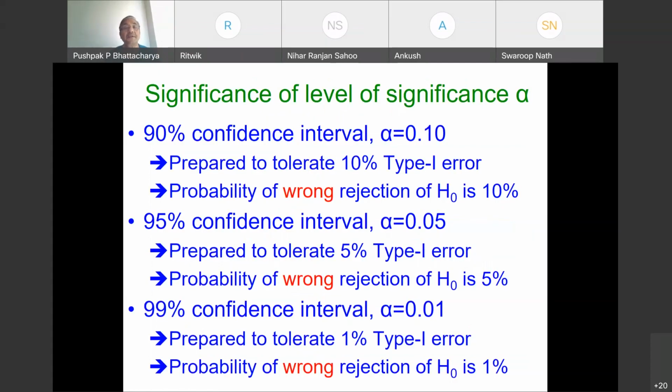Now the significance of the level of significance alpha. A little more terminology here. When we have a 90% confidence interval, alpha is 0.1.